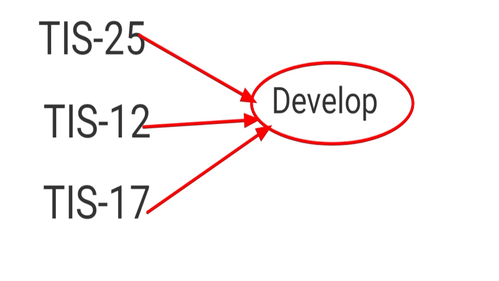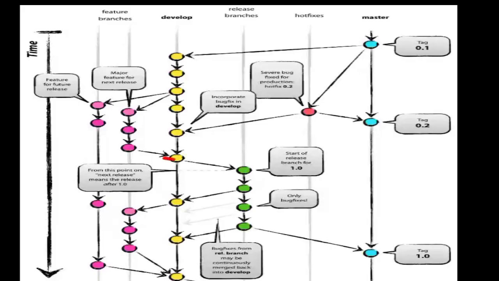So what I have here is, we will branch off of the latest develop, which has all these three features, TIS 25, TIS 12 and 17, and create a new branch, for example release v1.0.0, and this is going to be the first version, so we created it. Then we merge it into the release branch. By creating this release branch, we fix that these three features are going to go live.